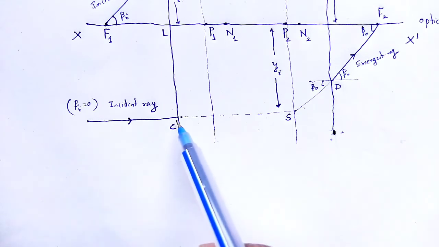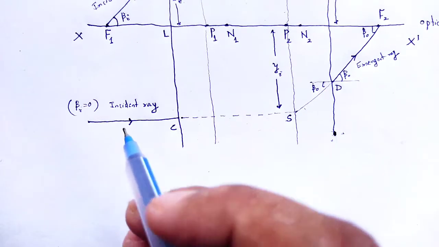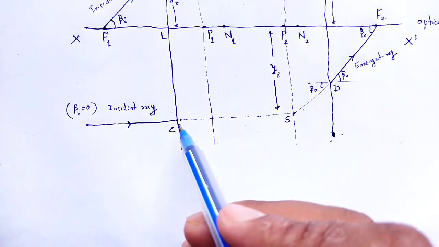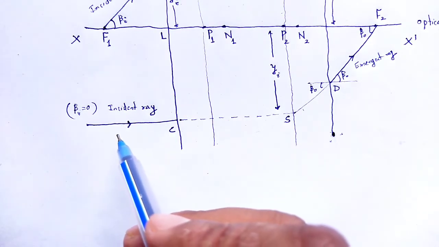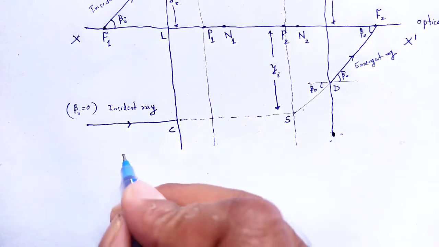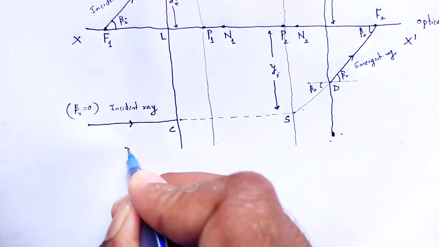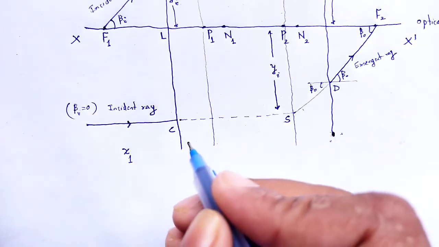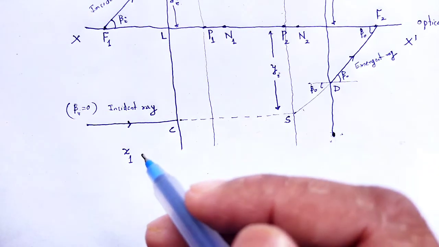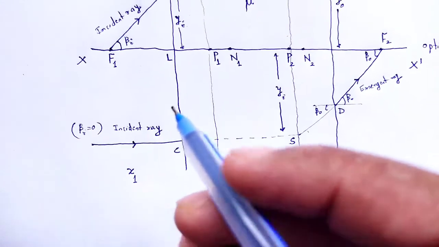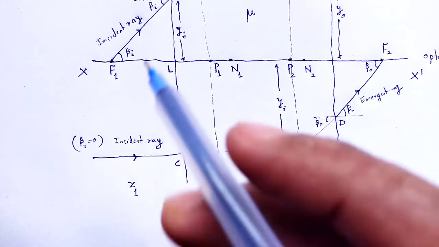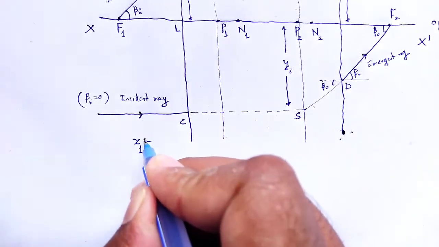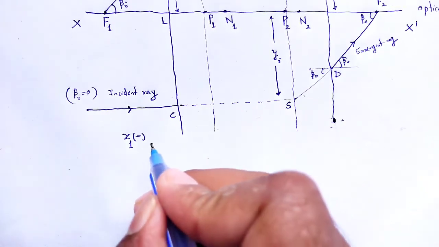Let the distance from the input plane to the first focus be x1. By using the sign convention, if we measure the distance against the incident ray, then it is treated as negative, so x1 is negative.